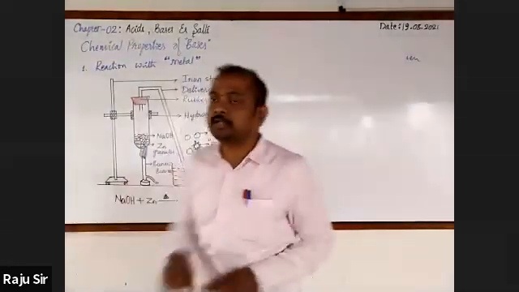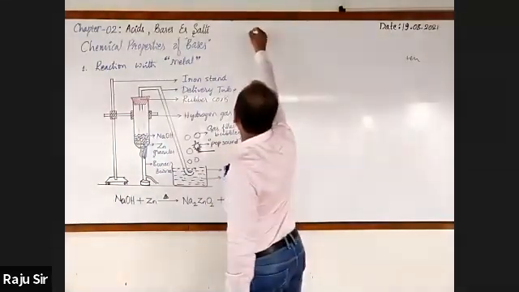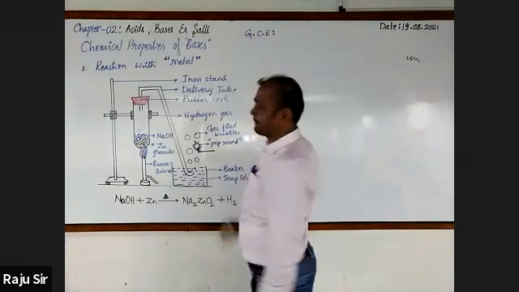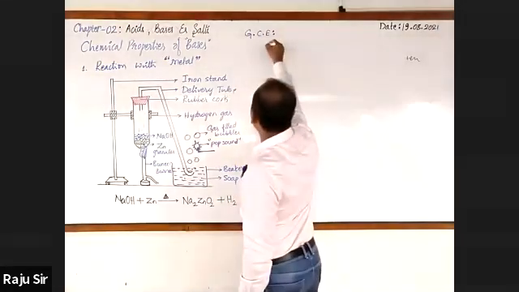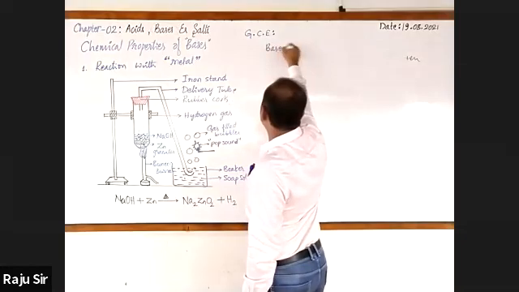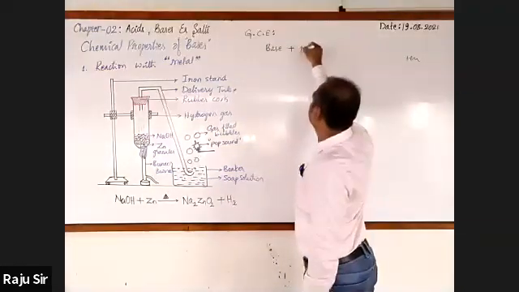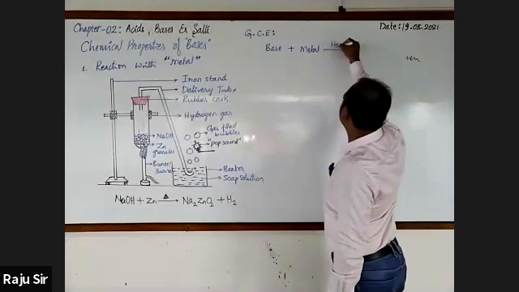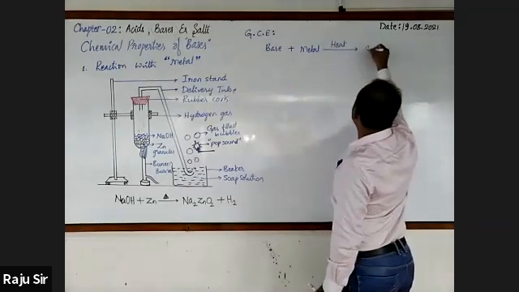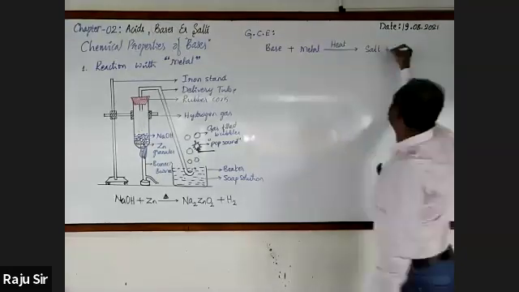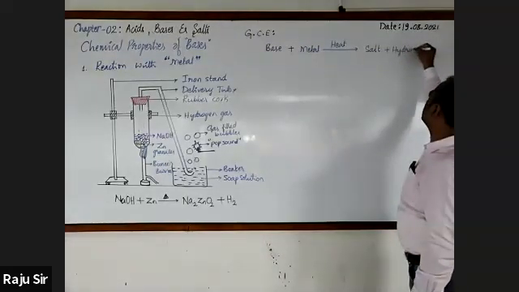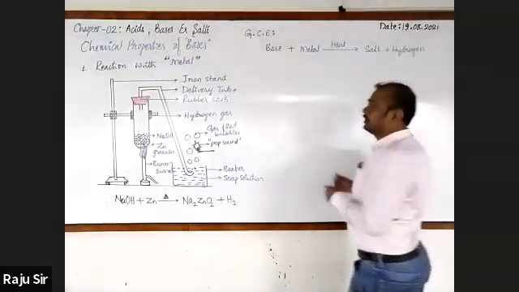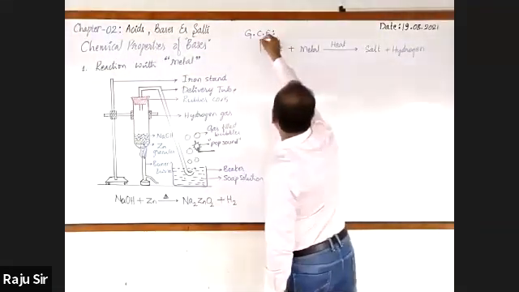Now let me write the general chemical equation. Base reacts with metal on heating to produce salt with the liberation of hydrogen gas. Highlight that with the box.